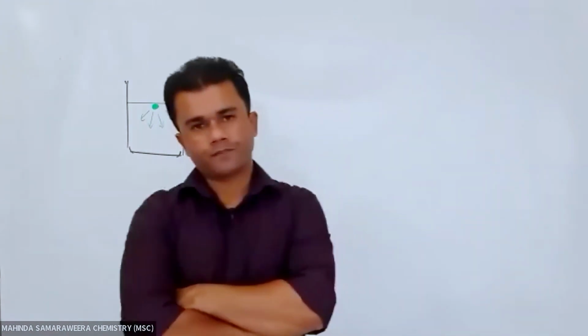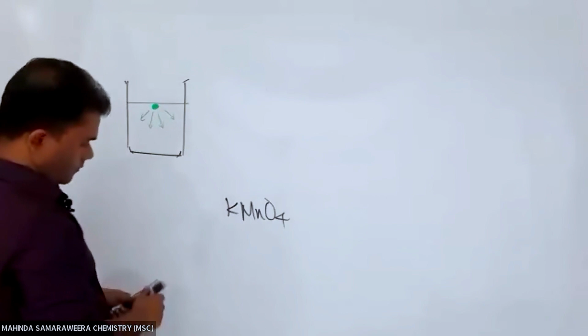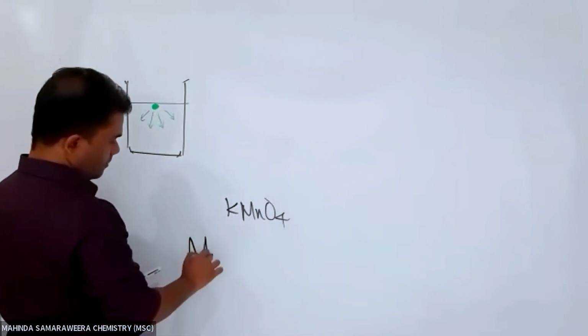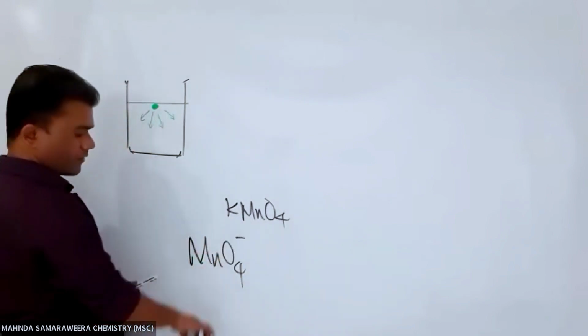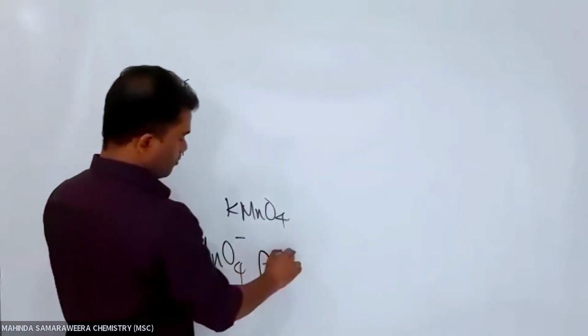This is because, right, like this, the permanganate ion formula is MnO4 minus. The name is simply permanganate ion.